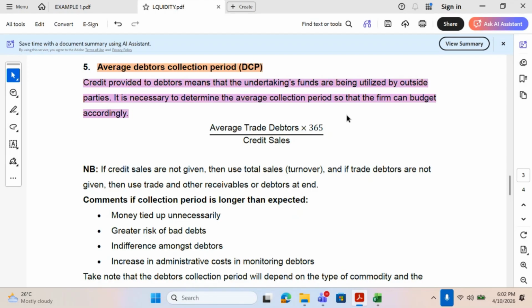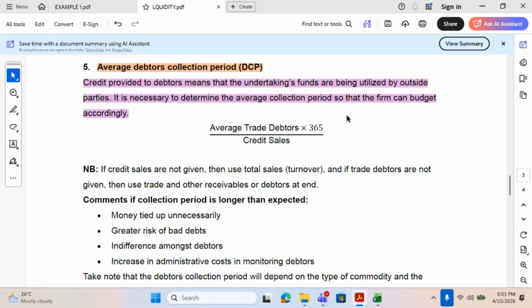So if the money is sitting with debtors, we are restricted from using that cash to grow our business. There's no way that I can continue operating without the cash. I need the cash that is sitting with debtors so that I can purchase the trading stock and be able to sell again. So if the money is sitting with debtors, there's no way that I can carry on with my operations.